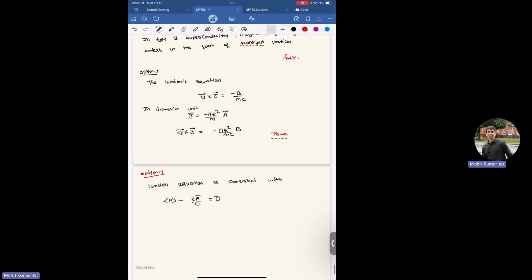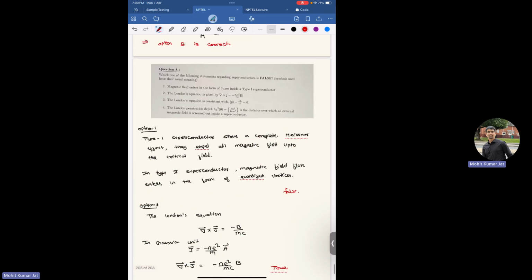This is the canonical momentum of the Cooper pair, and this is the electromagnetic potential term. And this is consistent with this one.